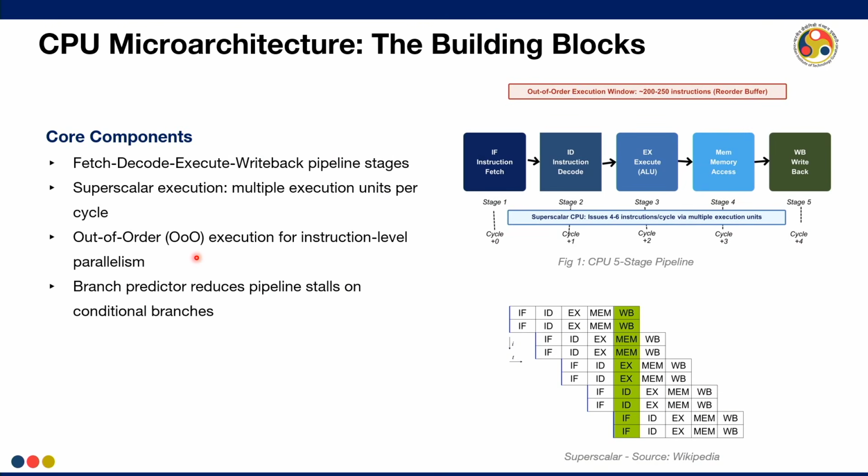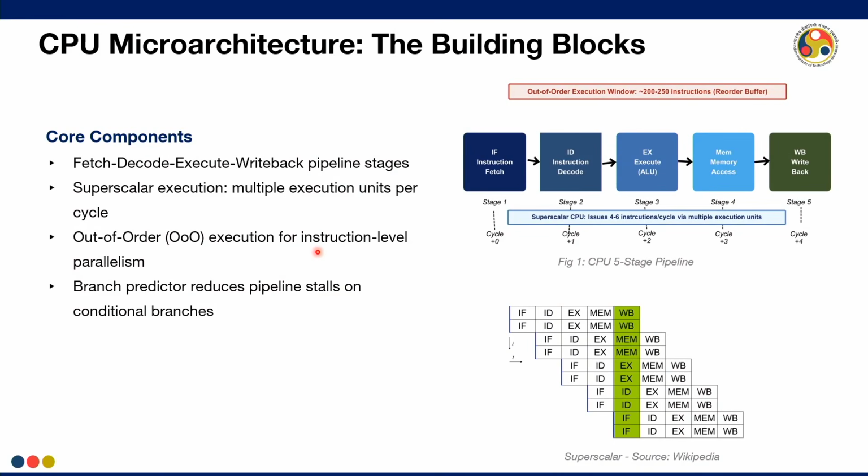The modern processors also have a mechanism called out of order execution, which is for instruction level parallelism. If some stall happens, let's say some instruction is waiting for data to be collected from the memory, and there is no dependency in the subsequent instructions. Let's say instruction 4 was getting executed and is waiting for the data to come from the memory.